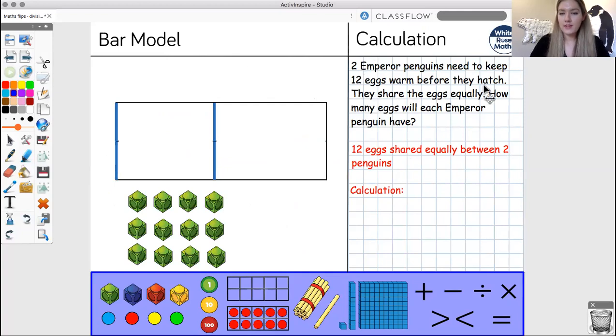So let's have a look at how we could do that. We've got our question over here: 12 eggs to be kept warm by 2 emperor penguins. First of all, let's start off with the calculation. Who thinks they know what the number sentence might be? Call it out to the screen if you think you do.